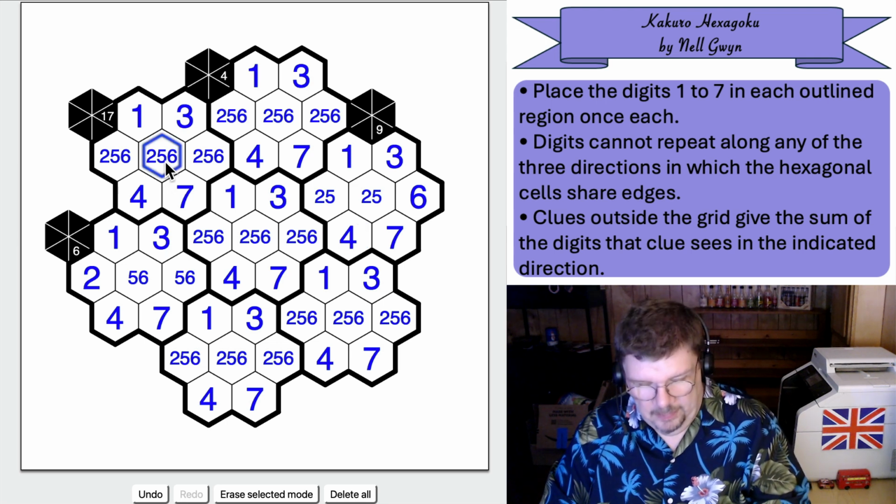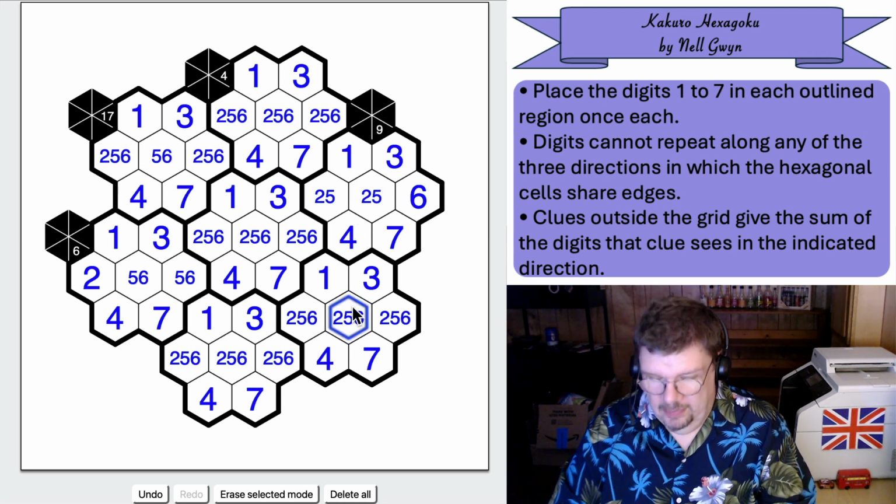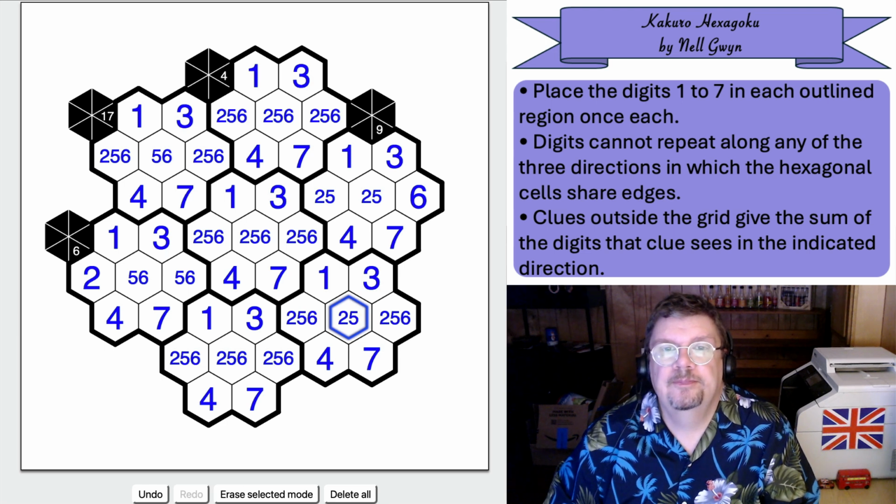Right. That is not a 2. That is not a 6. One of those two is a 2. Is there a cell that's looking at both of them? Sorry, one of those two is a 6.